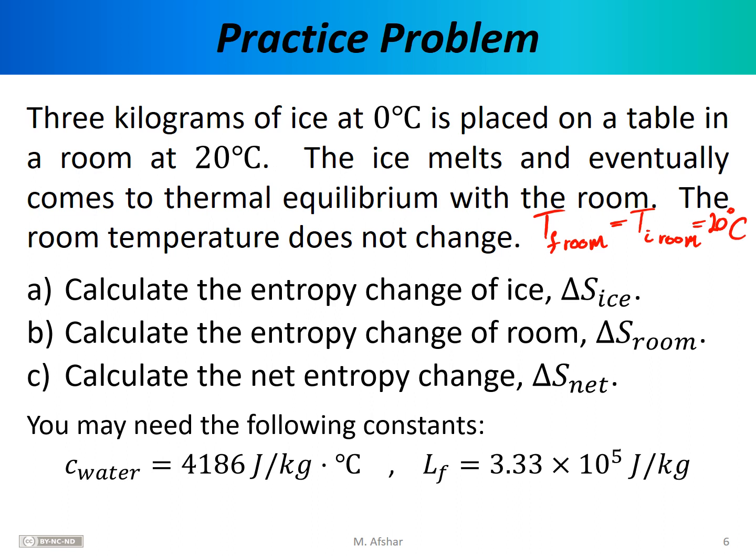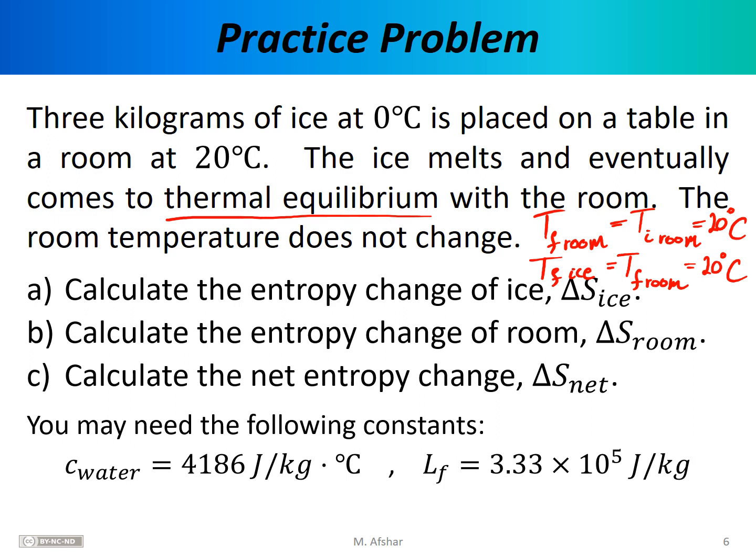We're also told that the ice, after it has melted and warmed up, reaches a thermal equilibrium with the room, which means that the final temperature of the ice will equal the final temperature of the room, which is equal to 20 degrees Celsius. So we have lots of information about the final temperature of the two systems that we want to consider.